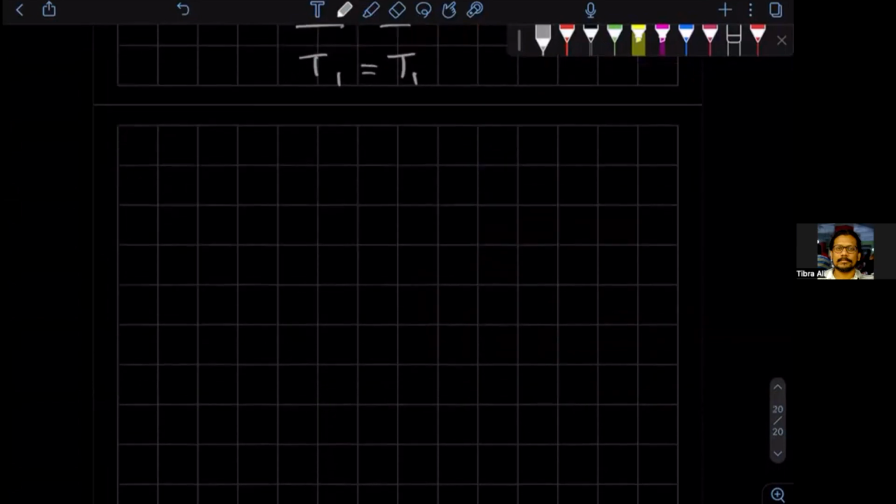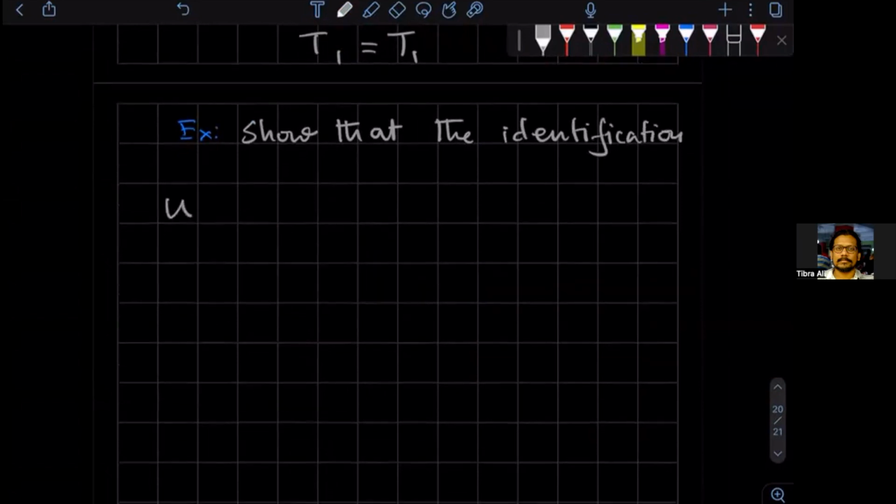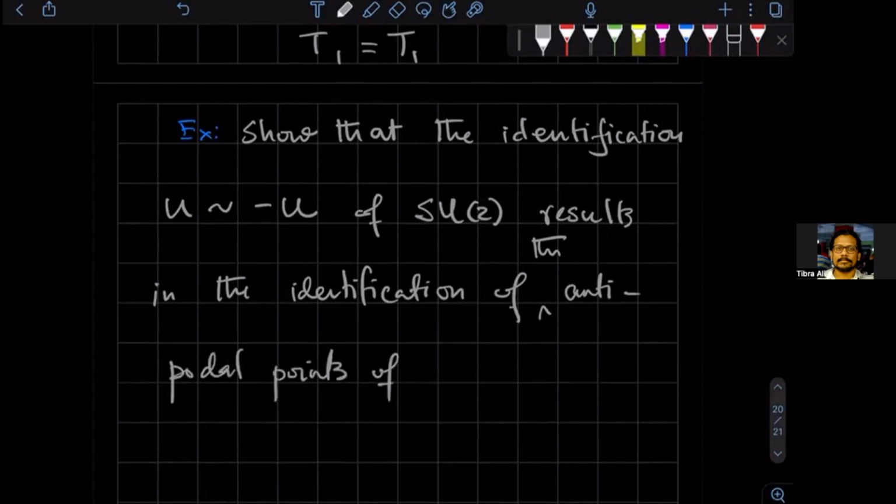So the thing that I want you to do as an exercise is the following: to show that the identification of U with minus U of SU2 results in the identification of the antipodal points of S3.